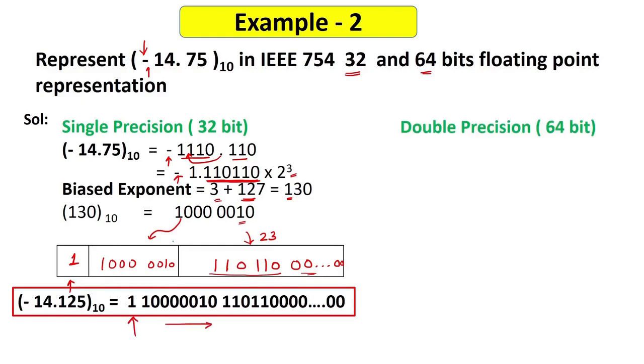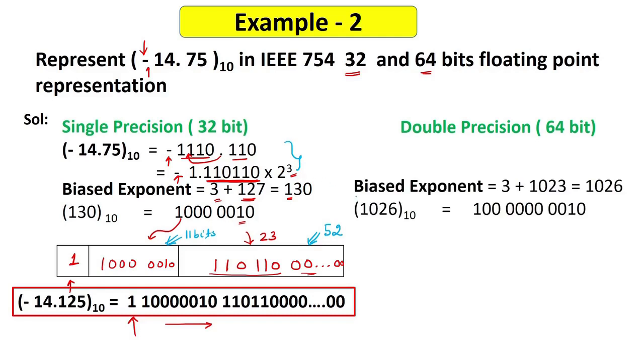Now in double precision, the only difference will be the exponent bits. Here it will be 11 bits in case of double precision, and the mantissa part will be increased to 52 bits, right? So let's see. Now this part will look the same, that is, the normalized form will look the same. So I am directly calculating the biased exponent. The biased exponent is this true exponent plus the bias value.